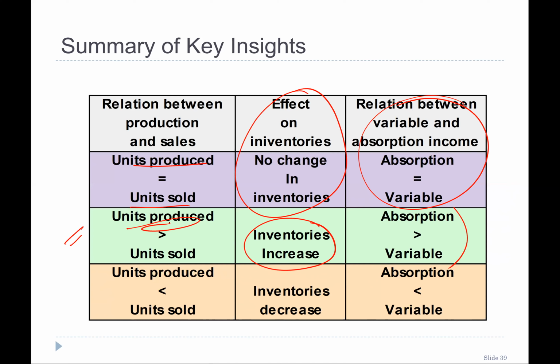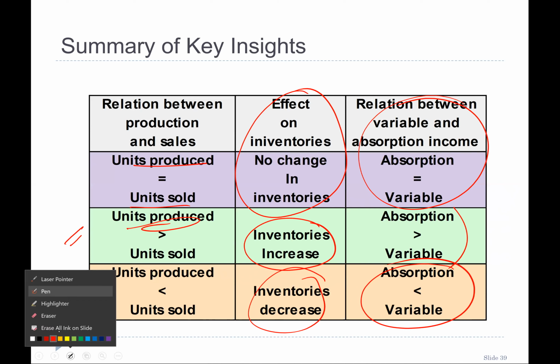Naturally, there's going to be inventory over there. So when we produce less and sell more, in that case, our variable costing profit will be higher than absorption costing profit. Of course, our inventory is going to decrease because we sell higher than we produce. Right? Any question?